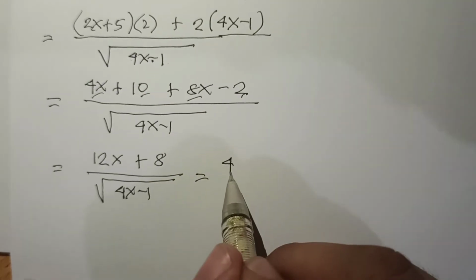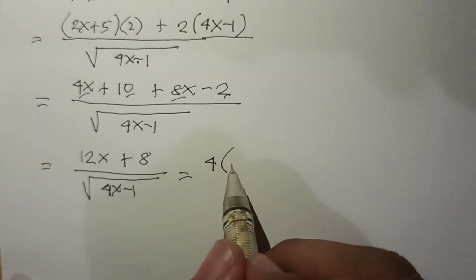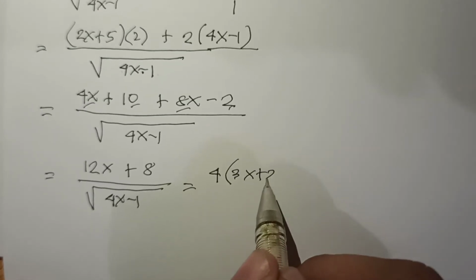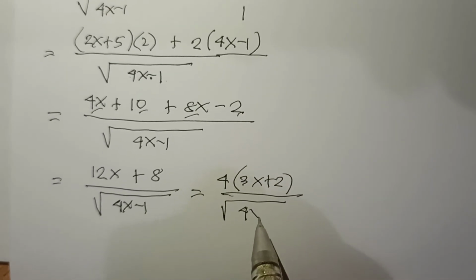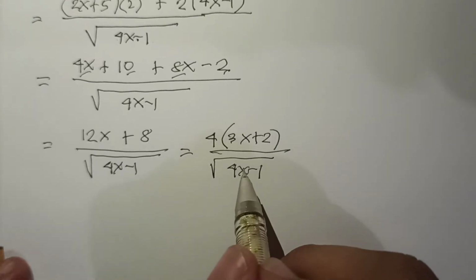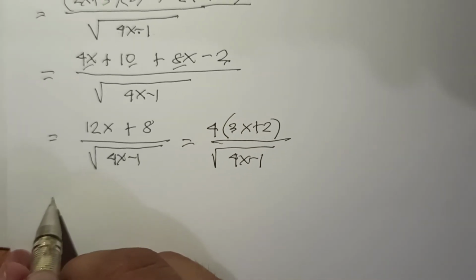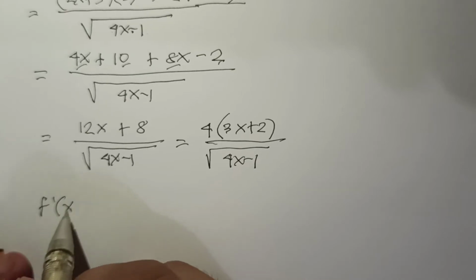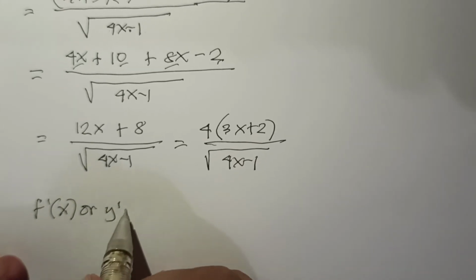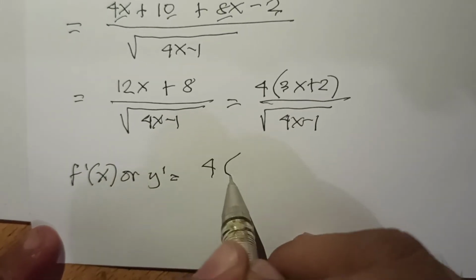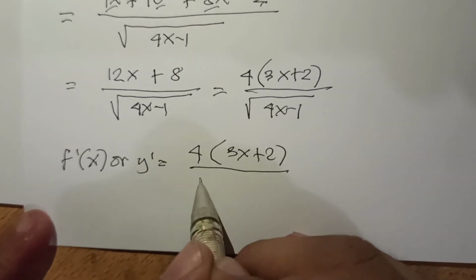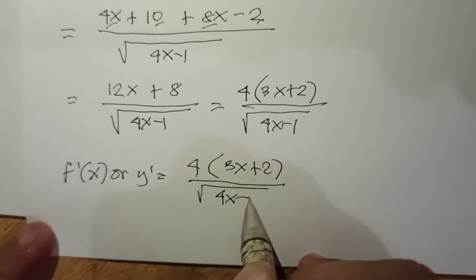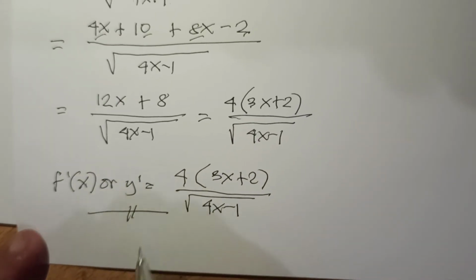So 4, then this will become 3x plus 2 over the square root of 4x minus 1. So we come up that the first derivative, or y prime, is equal to 4 times 3x plus 2 over the square root of 4x minus 1. So this is the answer.